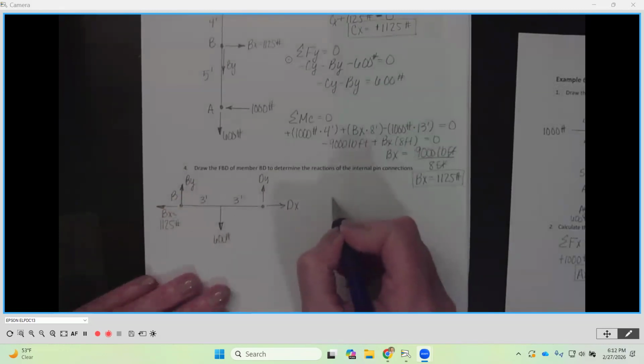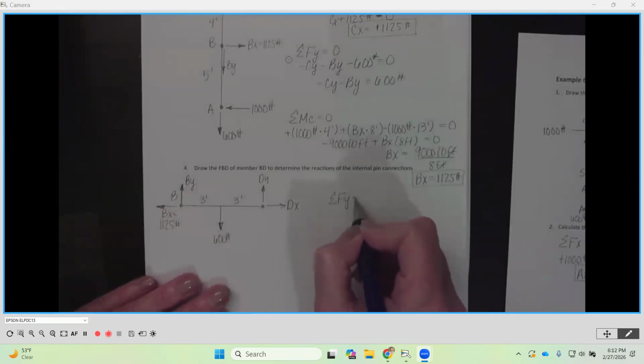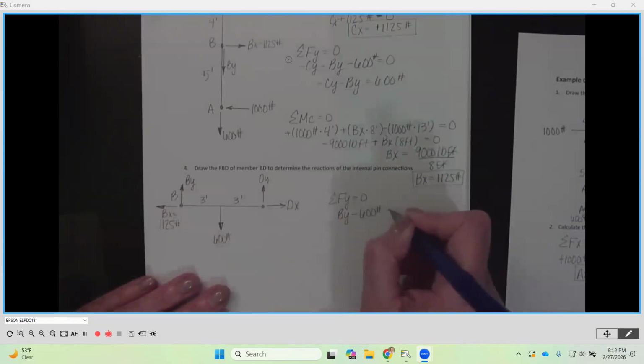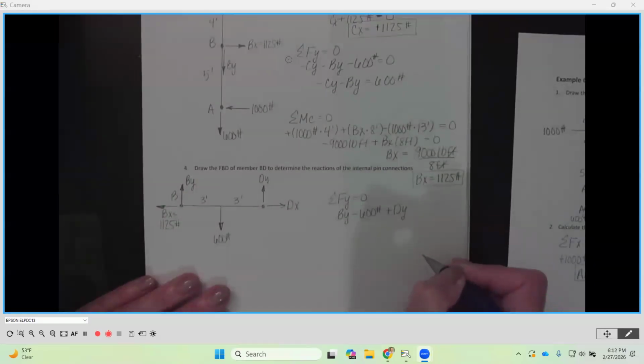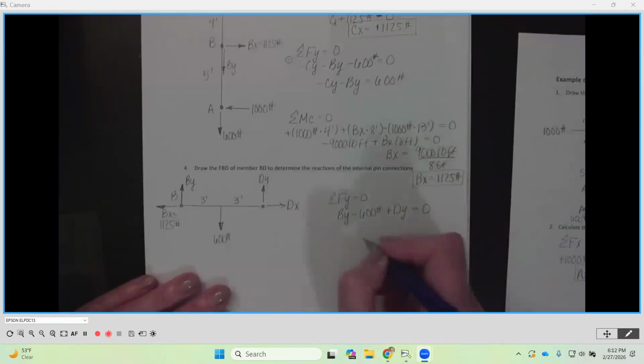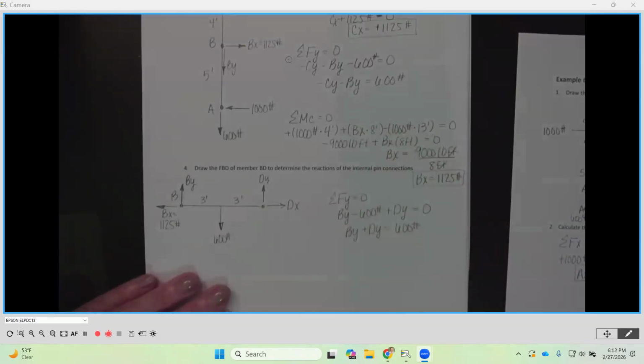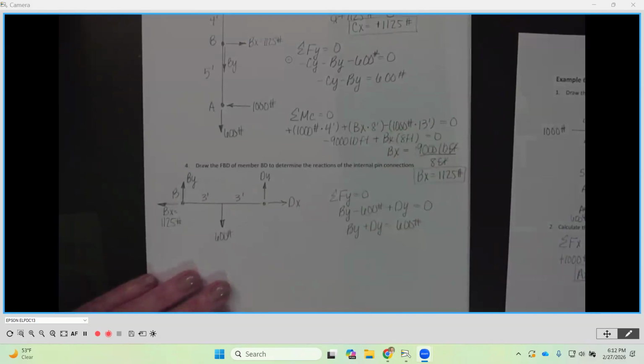If we sum our forces in the y direction equal to 0, we've got a positive BY, a minus 600 pounds, and a positive DY, equal to 0. We're going to move our 600 to the other side. BY plus DY is equal to 600 pounds. Two unknowns there. That's okay.